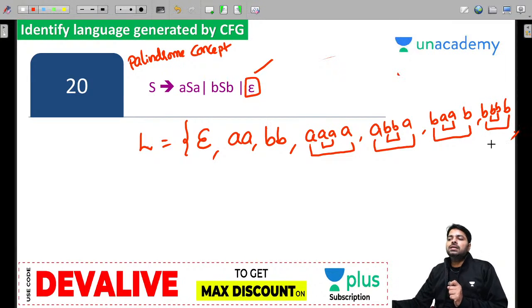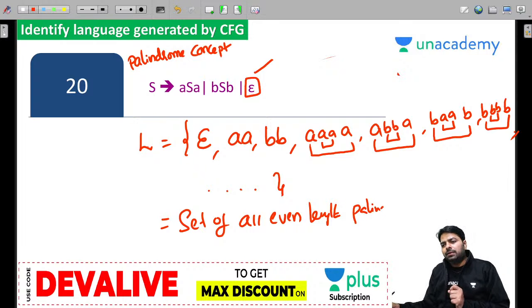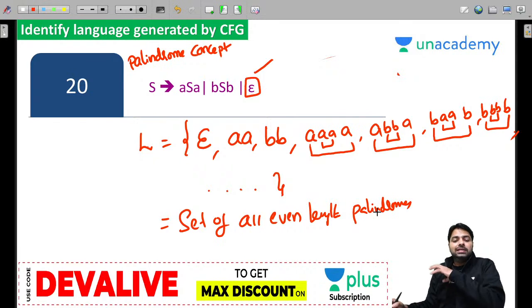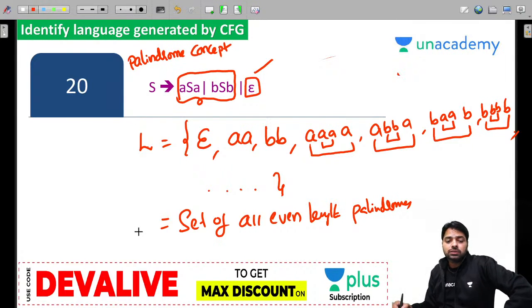This is length 4. Similarly, you can write for length 6, length 8 and so on. This is the set of all even length palindromes. Even or odd we will discuss later, but this kind of problem always creates a palindrome concept.